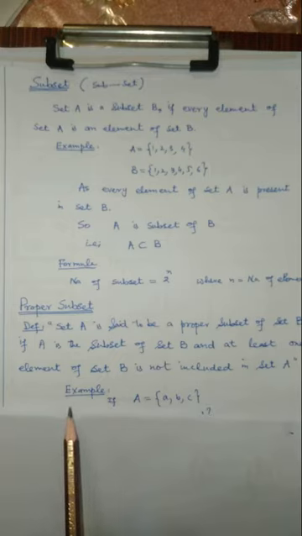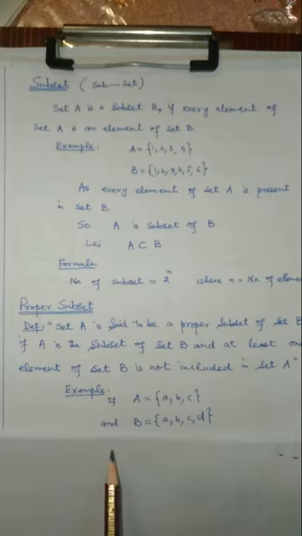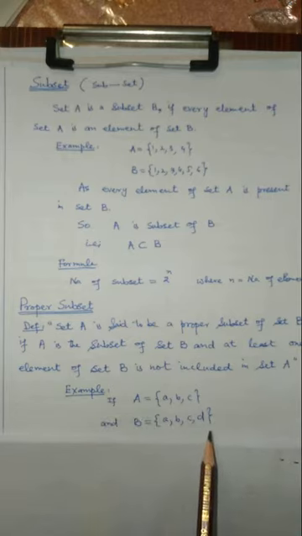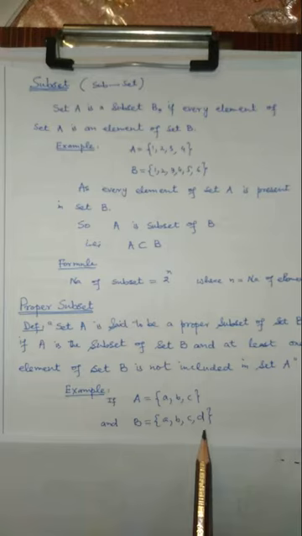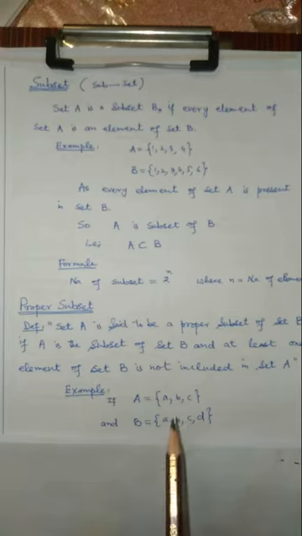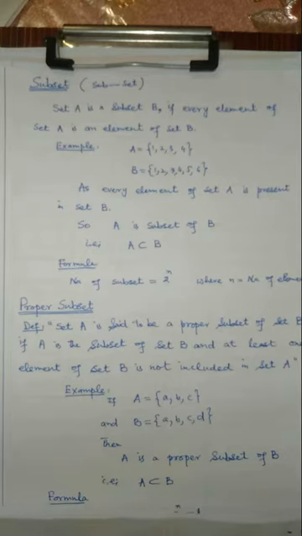Another example, if set A has elements a, b, c and set B has elements a, b, c, d, now the elements of set A are present in set B, but d, this one element of set B, is not present in set A. So A is a proper subset of B, which is denoted by A subset of B. The formula: number of proper subsets is equal to 2 power n minus 1.